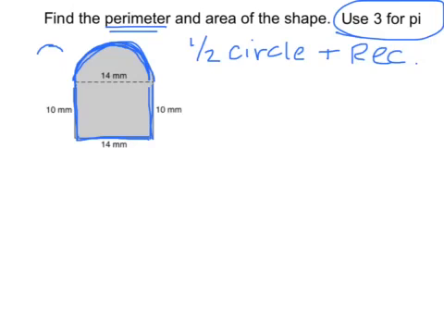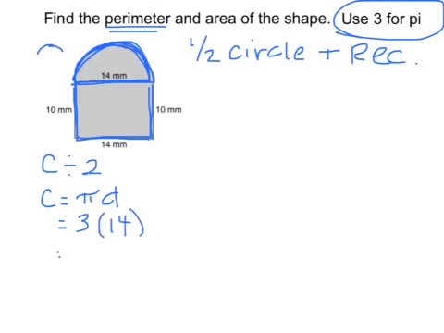So how would I find half? That's right. We're going to find the circumference and we're going to divide it by 2, or take half of it. So to find circumference, we do pi times diameter, and the reason I'm using diameter is because that's what this distance is right here. That's what they gave me. So I get to use 3 for pi, and I'm going to multiply that times 14.